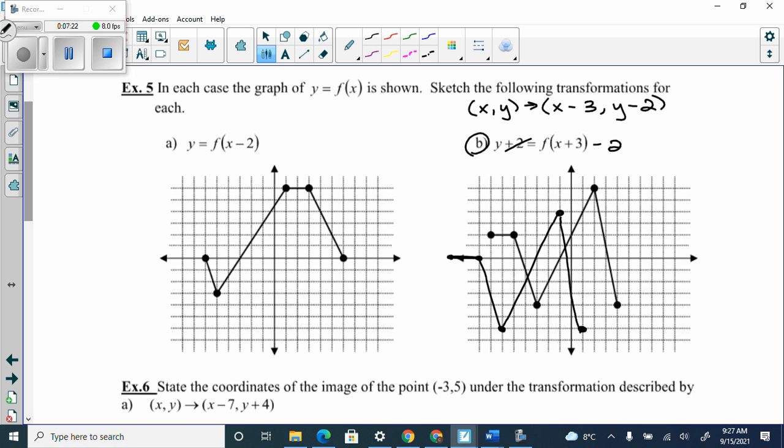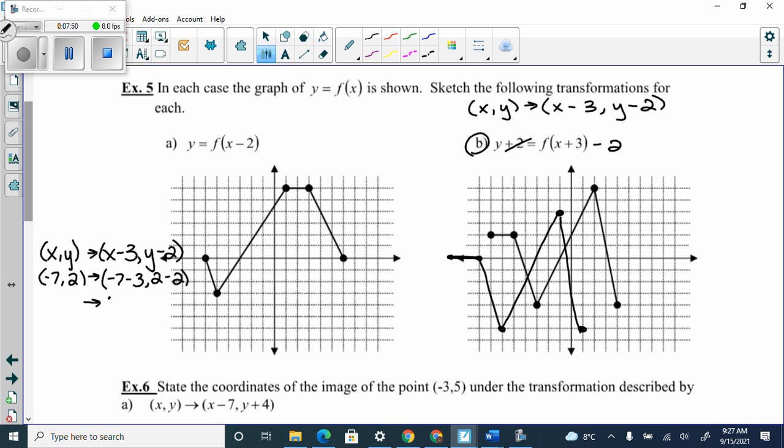With a graph that easy, I do expect that you're probably just going to draw it, correct? But when they're more advanced, you're going to actually have to plug them into your mapping. So you have xy becomes x minus 3, y minus 2. You're going to take this coordinate, which is negative 7, and 2. And you're going to go negative 7 minus 3, 2 minus 2.